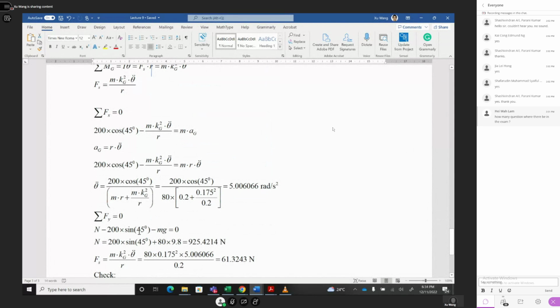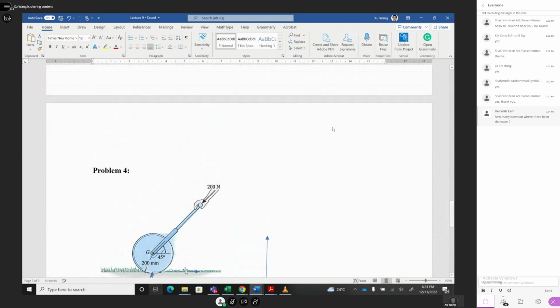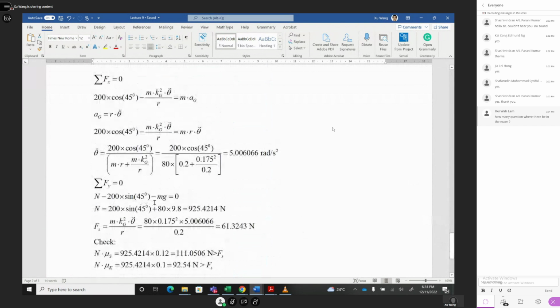Cosine or sine doesn't matter because cosine 45 and sine 45 are equal. And minus mg, minus because vertical you have weight, and this should be equal to 0. Vertical direction force should be 0 because vertically you cannot accelerate, so ma equals 0. From here you can find N: N equals 200 sine 45 plus mg, 80 times 9.8, equal to 925 Newton.